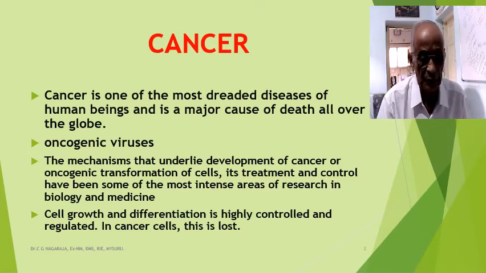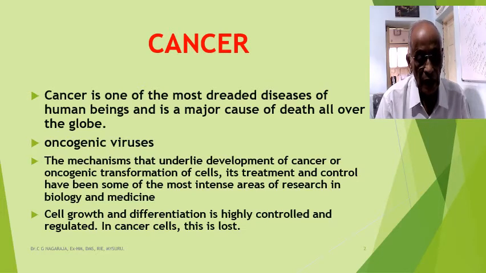The mechanism that underlies the development of cancer is the oncogenic transformation of cells. When you say oncogenic transformation of cells, it means old cells will lose or will not be controlled by regulatory mechanisms, and they become cancerous cells.